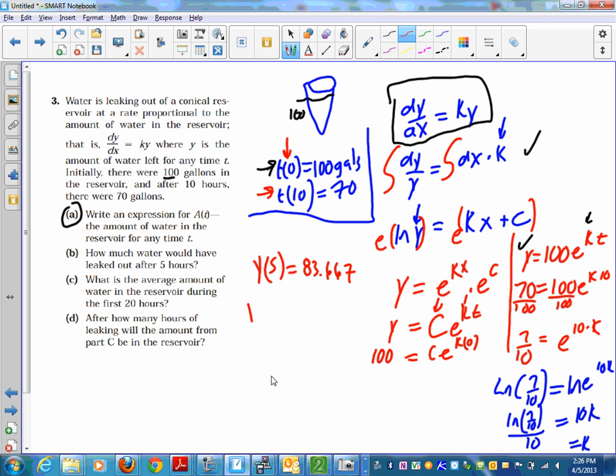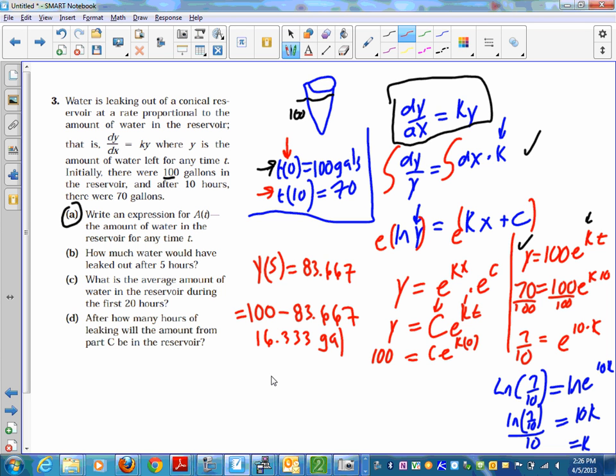So we started off with 100. 100 minus 83.667 is going to give us our correct answer of 16.33 gallons. So that's how much water is leaked out. 16.33 gallons.